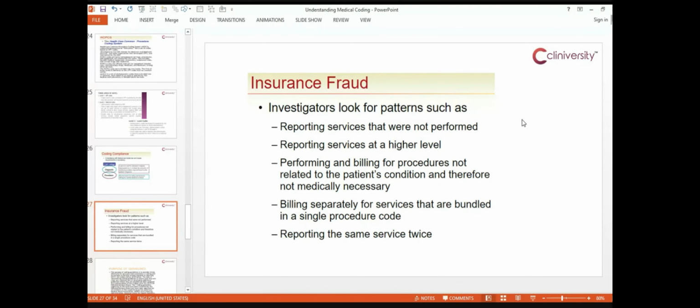Reporting the same service twice. Sequelae are possible, but coding should be provided under the sequela codes and descriptions, and it is mandatory that such conditions, if they fall under the sequela category, be investigated properly.